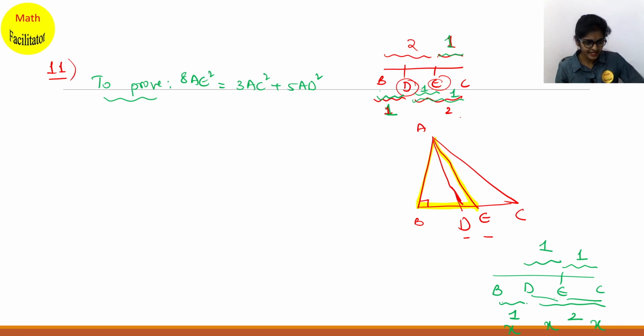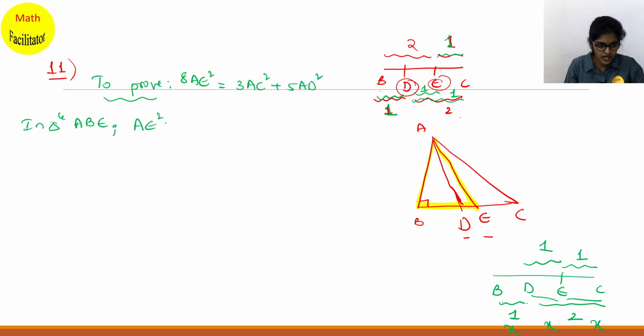So in triangle ABE, using Pythagoras theorem, you will get AE square is equals to AB square plus BE square.